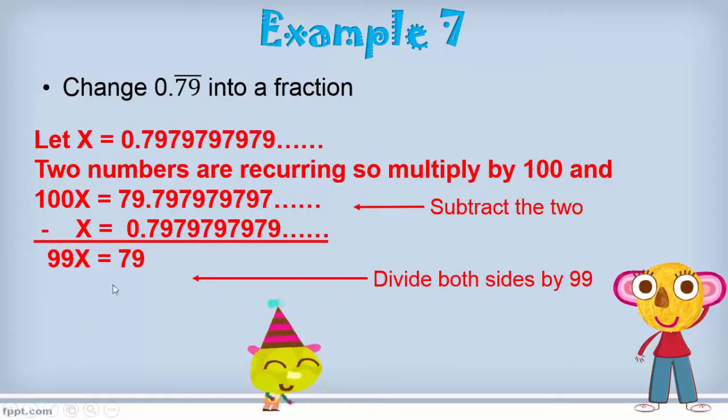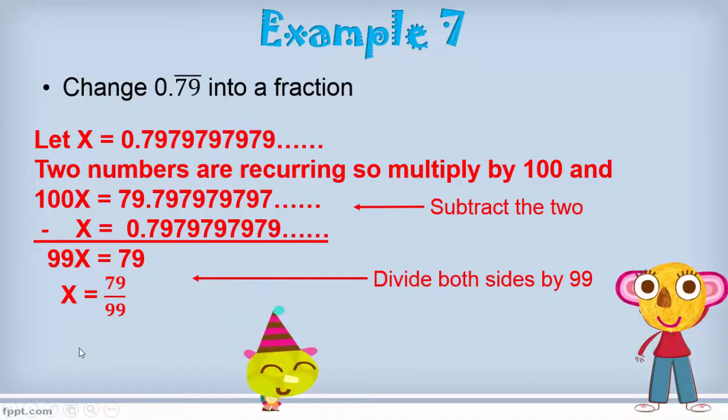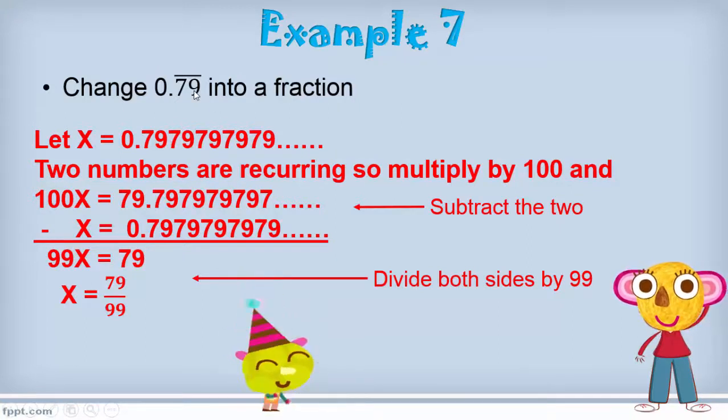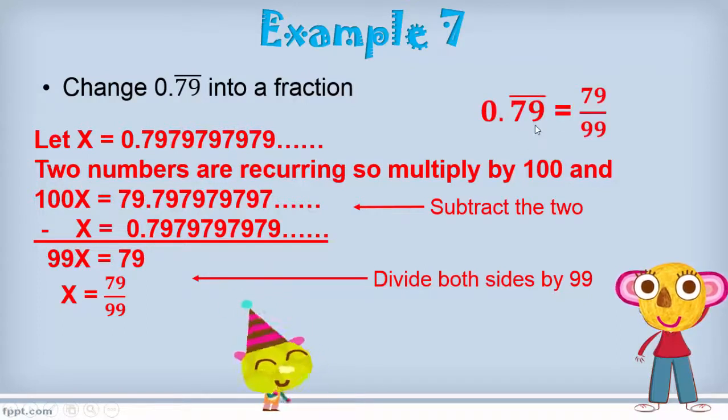And we divide both sides by 99 in order to get 79 over 99. This, again, can be checked with a calculator. 79 divided by 99, we will get this back as a repeated decimal. So 0.79797979, etc. is equal to 79 over 99.